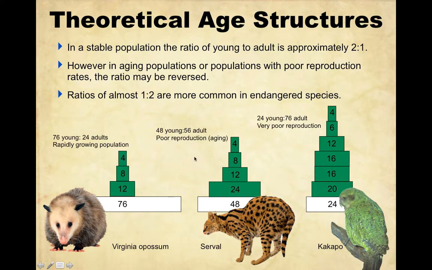Now, these guys are aging, but they're fairly stable. The number of the next generation is about half of the previous generation. So when the youth become of reproductive age, you still have a large population size. The population is going to be increasing.